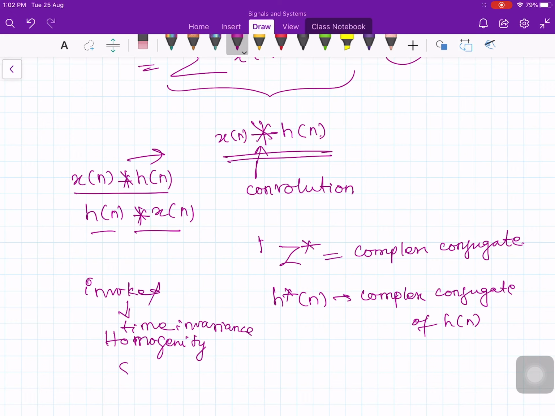Therefore the convolution formula is derived based on these three properties. So while deriving the convolution sum, we invoked time invariance, homogeneity, and superposition.